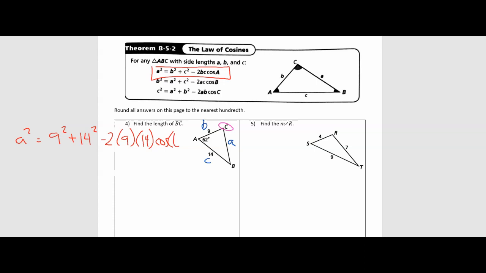Well, I do know what a is. I know that's 62 degrees. So right there, I have an equation with just one unknown, little a, and I should be able to solve this. This is pretty easy because our variable is already by itself. So I'm just going to punch in everything on the right-hand side of that equation. 20 seconds to punch this in.